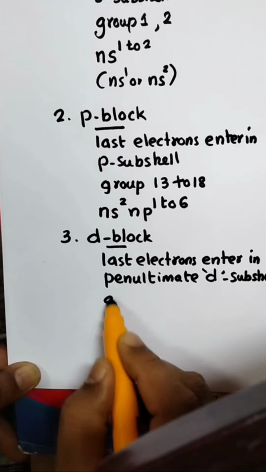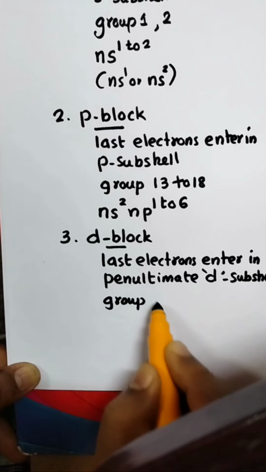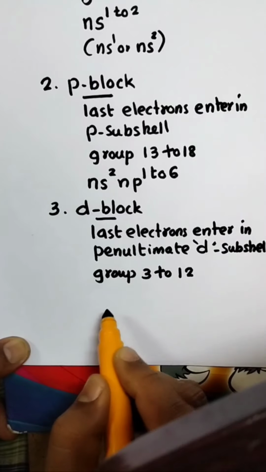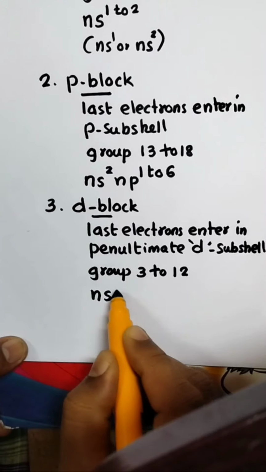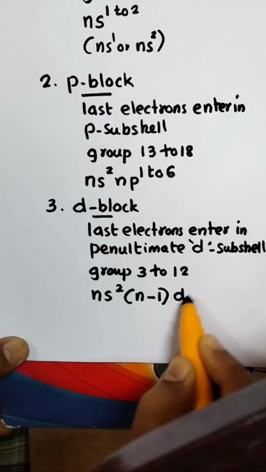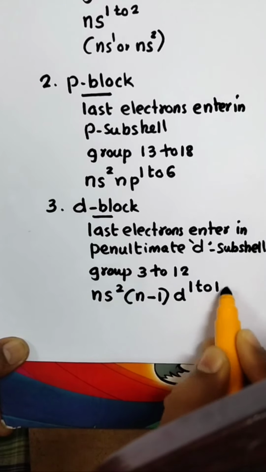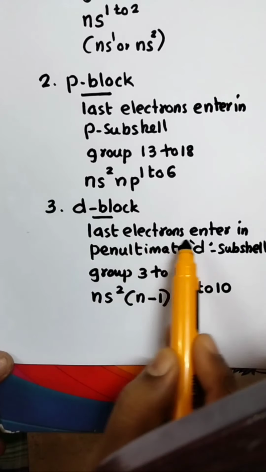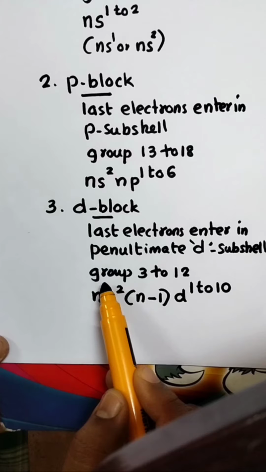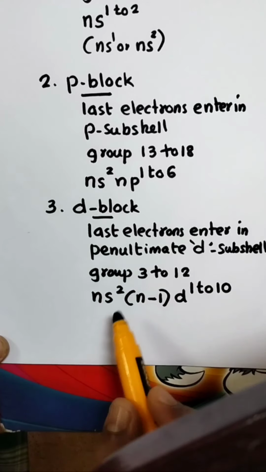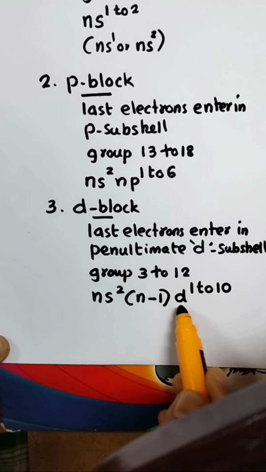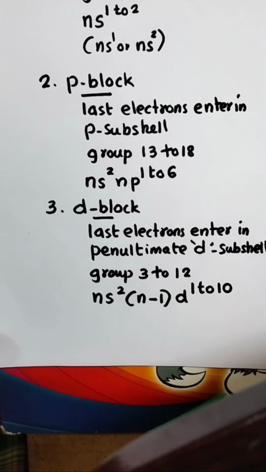They constitute group 3 to 12. Their general electronic configuration is ns2 (n-1)d1 to 10.